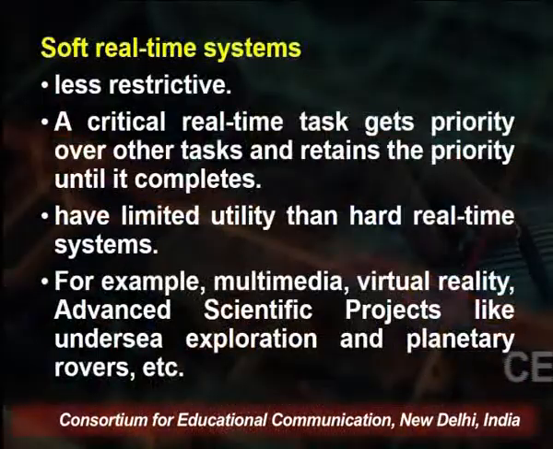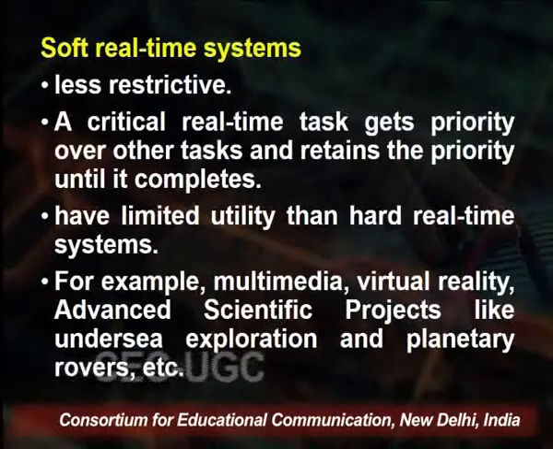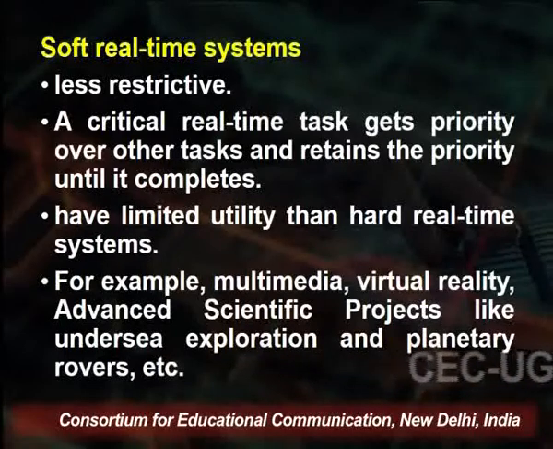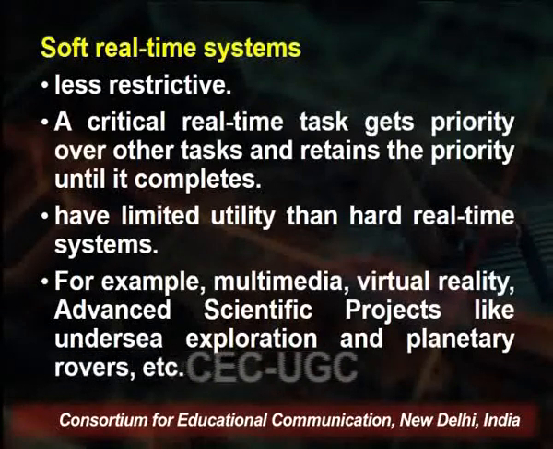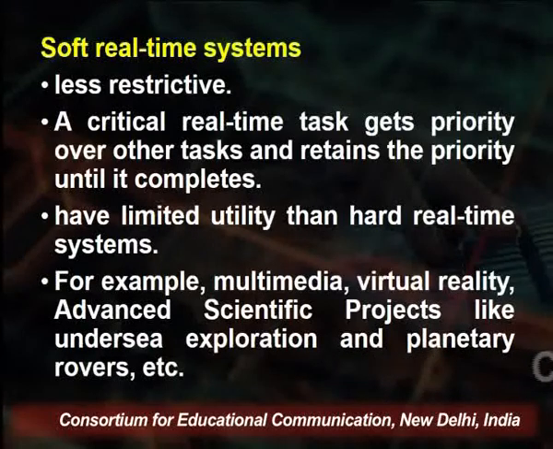Another type of real time system is the soft real time system. As they are soft, they are less restrictive, and a critical real time task gets priority over other tasks and retains that priority until it completes.